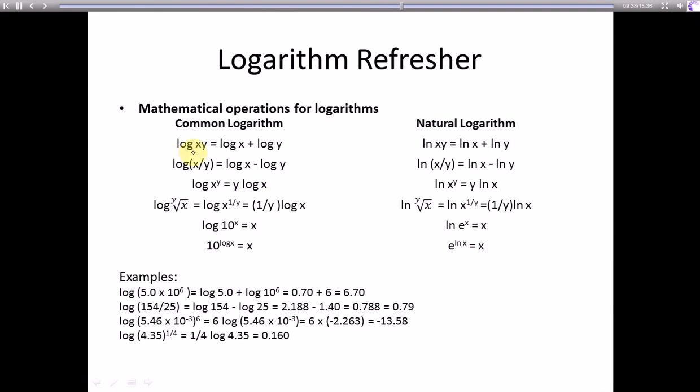So you're taking the log of 2 numbers multiplied together. Well, that equals the log of one number plus the log of the other number. And if you were to take the log of 2 numbers divided one from the other, then that equals the log of the numerator minus the log of the denominator.